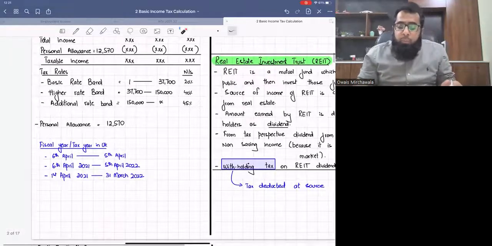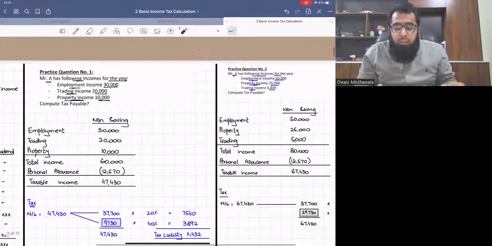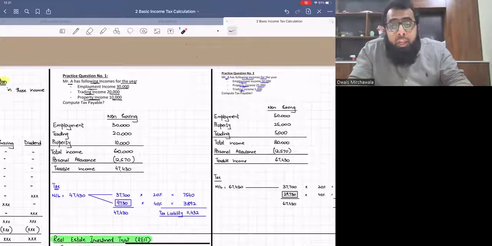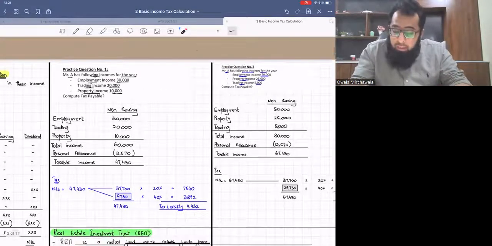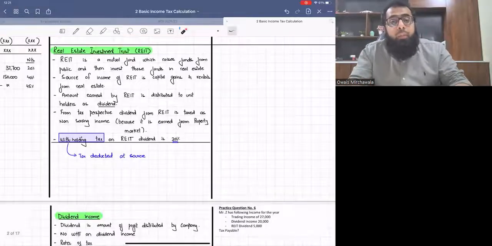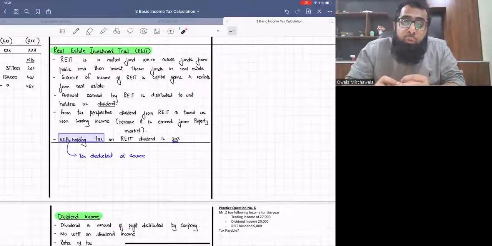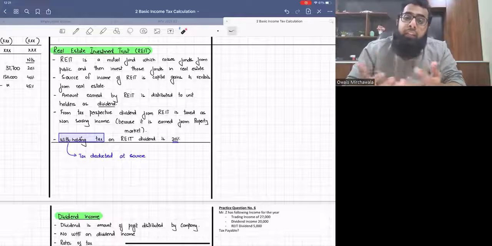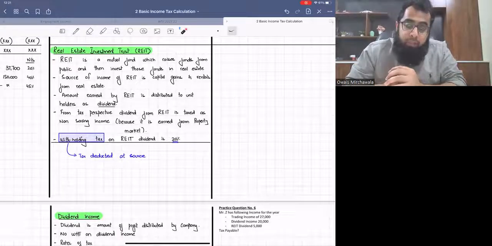Then we discussed two basic practice questions on the tax return, and how we have to work the tax bands. And then we discussed real estate investment trusts. It's a mutual fund which raises funds from the public and then invests those funds in the property market.